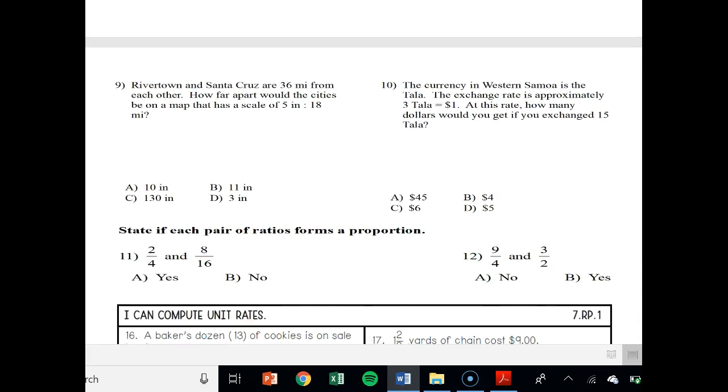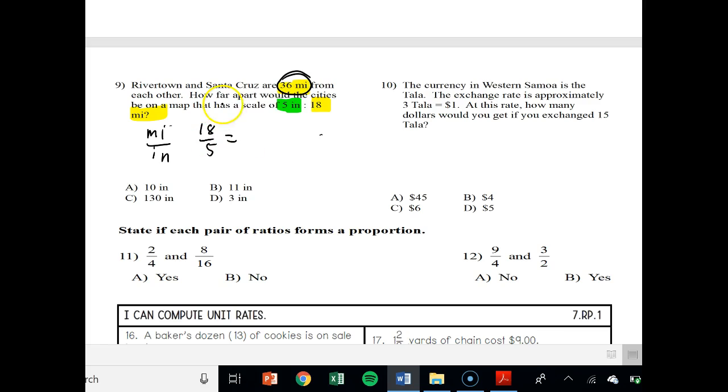Number 9, Rivertown and Santa Cruz are 36 miles from each other. How far apart will the cities be on a map that has a scale of 5 inches to 18 miles? So I'm comparing miles and I'm comparing inches. So my first ratio is inches to miles. So be careful. If you put miles over inches like I did, you actually have to put 18 over 5. If you put inches over miles, then you can do 5 to 18. All right, equals, and then this one says 36 miles.